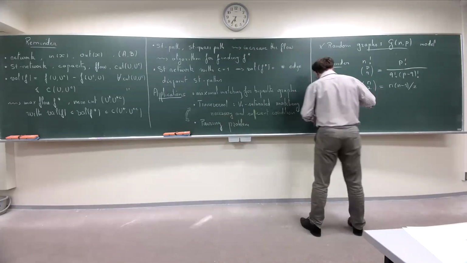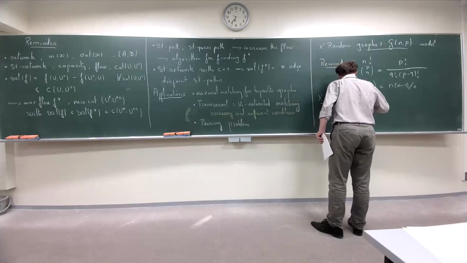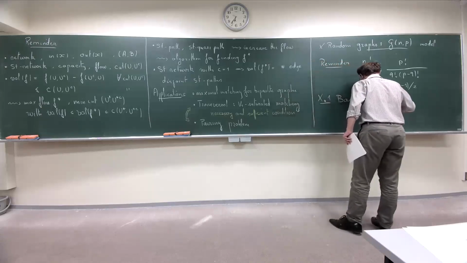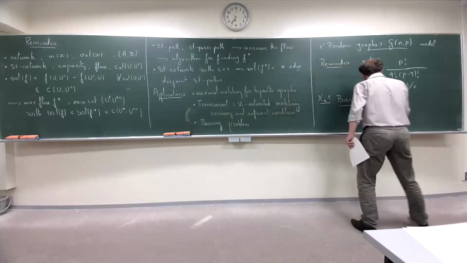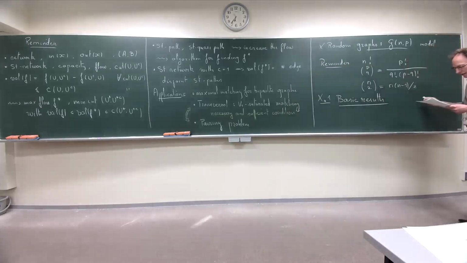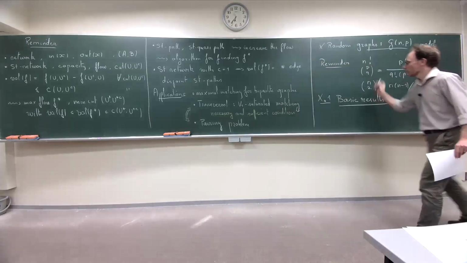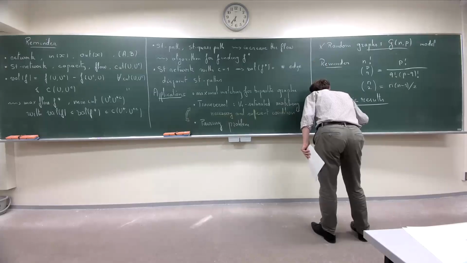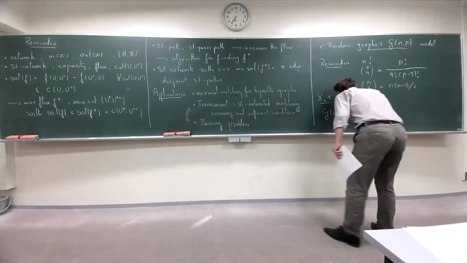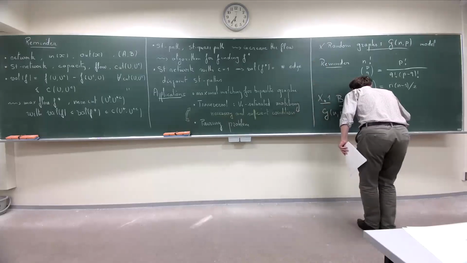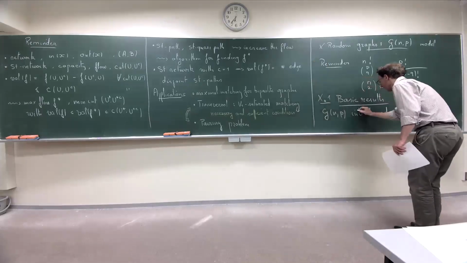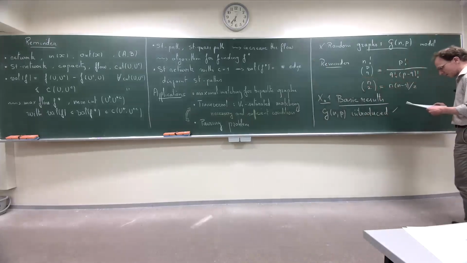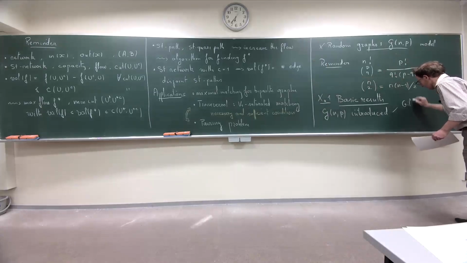10.1 is about basic results. You have to know that this model has been introduced by three persons. The G(n,p) model was introduced by Gilbert, Erdős and Rényi. I write the names because they are rather famous.